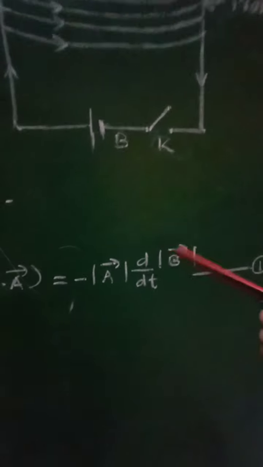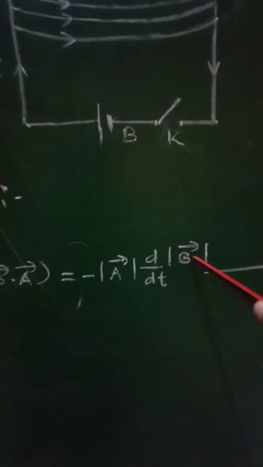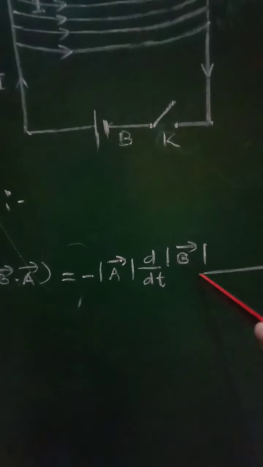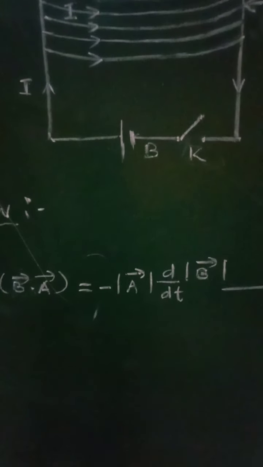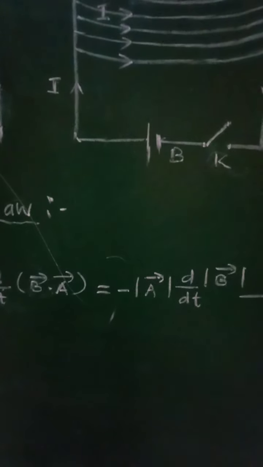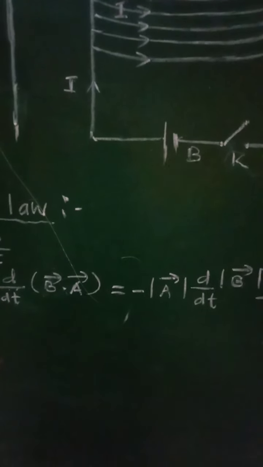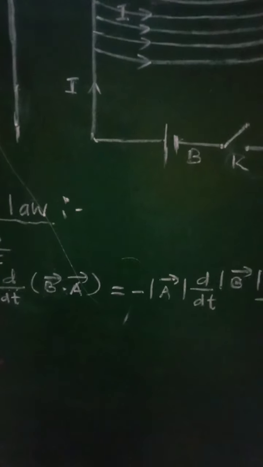Here the magnitude of the area vector is positive and the magnitude of the magnetic field B is positive, still the RHS of equation 1 is negative: minus magnitude of vector A into d by dt of magnitude of vector B. And therefore, as the direction of induced current in the loop is anticlockwise, that is negative, the sense of induced EMF is also taken as negative.